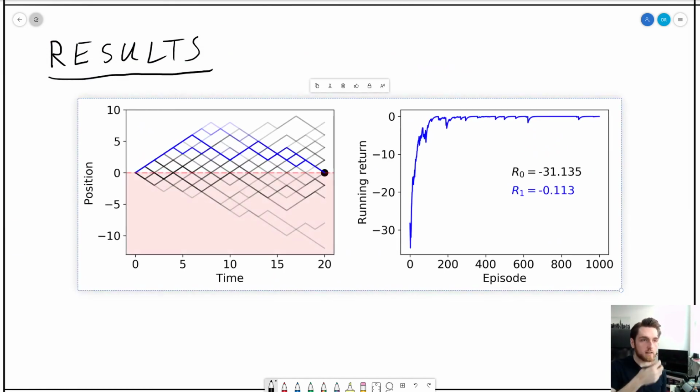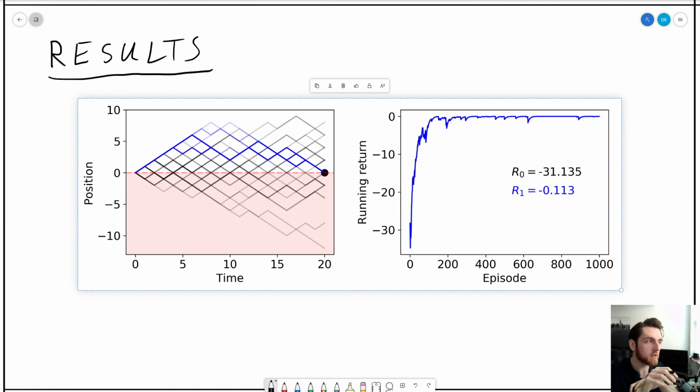So what we have here is, on the left, sample trajectories with the current policy. So the black lines are the original policy, which is just 100% 50-50 random, and the blue lines are the learned policy at the end.